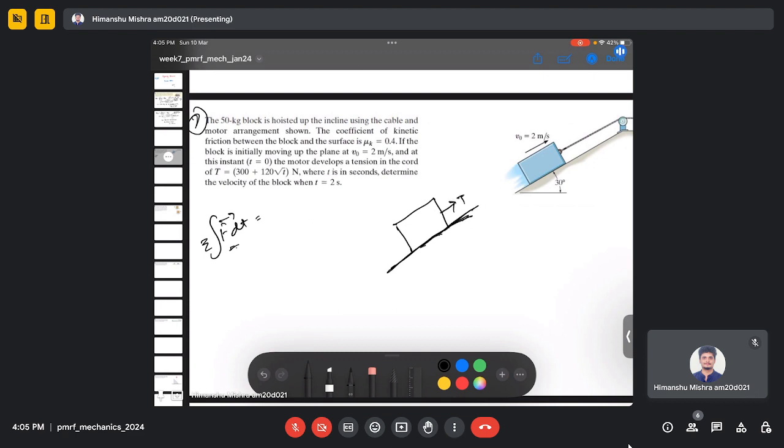We have a tension, then we have a weight at 30 degrees. We have a normal reaction, and we have a friction force.